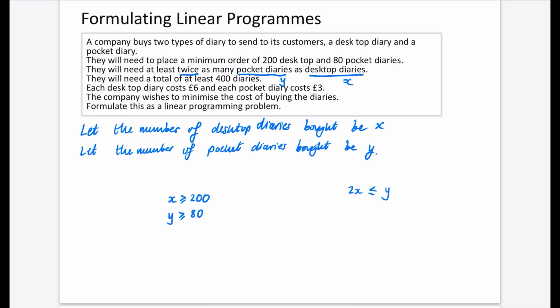So it could be twice, but it could also be more than that. So I'm going to put that extra constraint as 2X is less than or equal to Y, and just be on the lookout that it's often the other way around to how your brain initially thinks it should be.